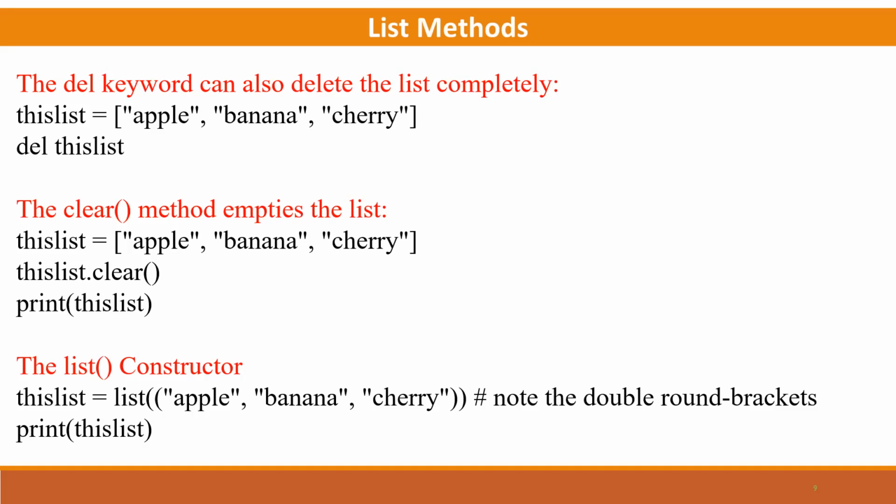And the last one that I already discussed, I pass the elements within square brackets. Okay. When I use the list constructor, the elements can be passed in the form of parentheses also.